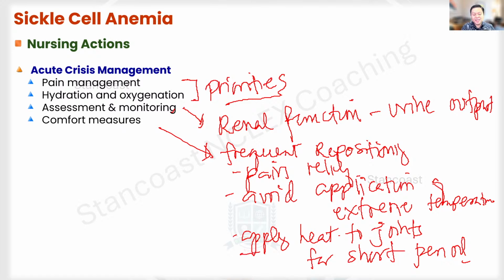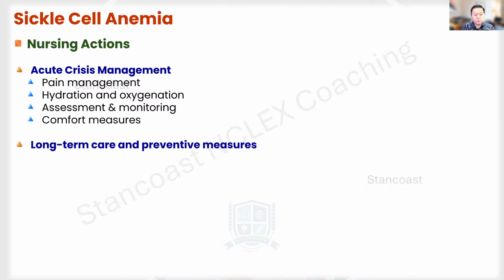Now, we're also going to have to provide the patient with relaxation techniques, maybe distraction, deep breathing exercises. For the patient, long-term care is very important, guys. Long-term care and prevention. We're going to have to talk in depth with the patient about the nature of the sickle cell disease. We're going to have to talk about the triggers for the crisis, the precipitating factors, I should say, so they can avoid this condition.